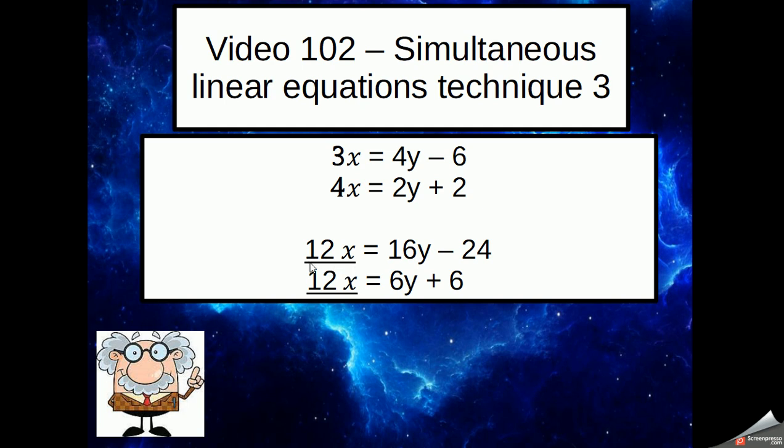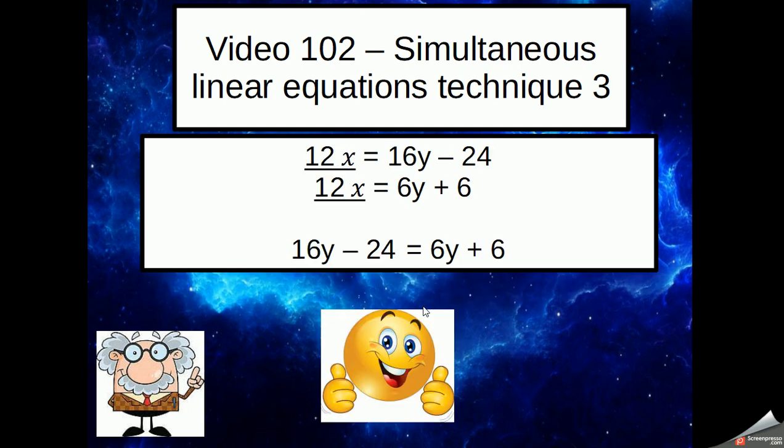So what we are saying is the 12x could be 16y minus 24, or just the same value, it could be 6y plus 6. These two expressions, 16y minus 24 and 6y plus 6, have the same value, the value of 12x.